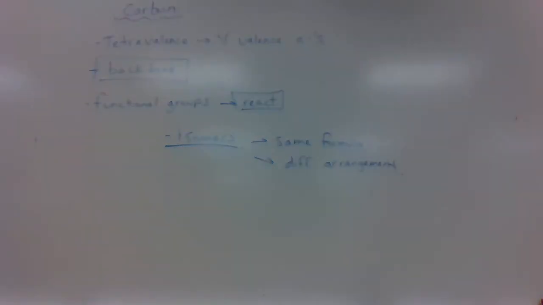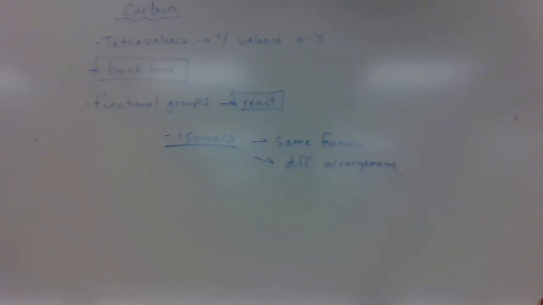So they have the exact same atoms and they have the exact same number of atoms. But somehow those atoms are arranged differently. Therefore, they have a different shape. And by having a different arrangement of atoms, they are therefore going to have different properties.